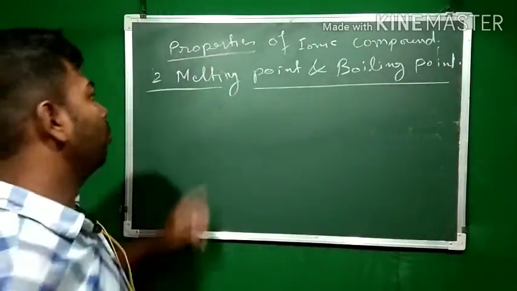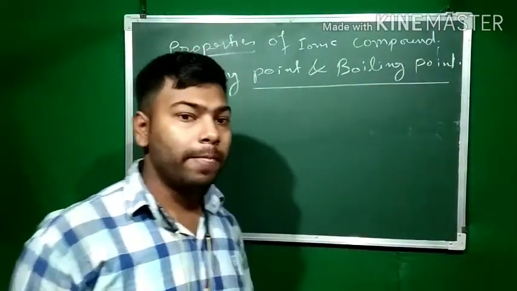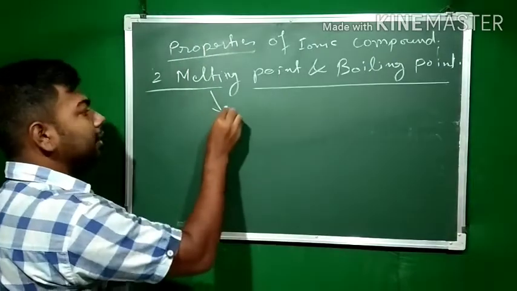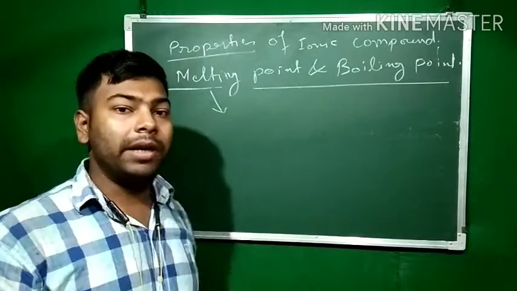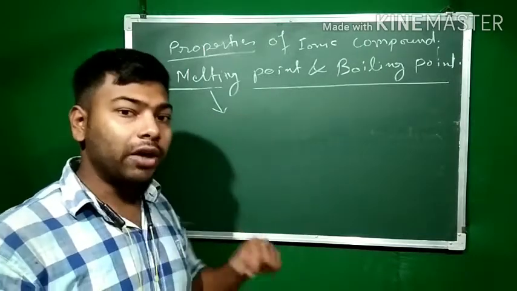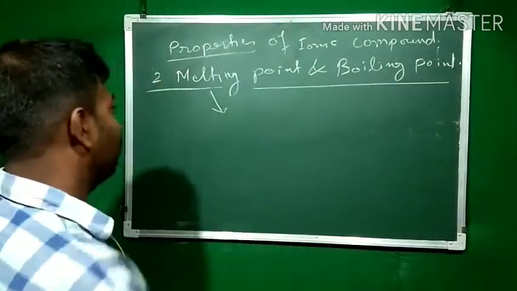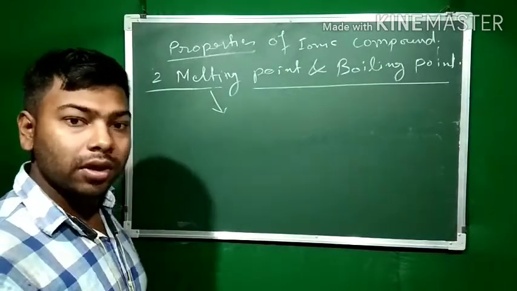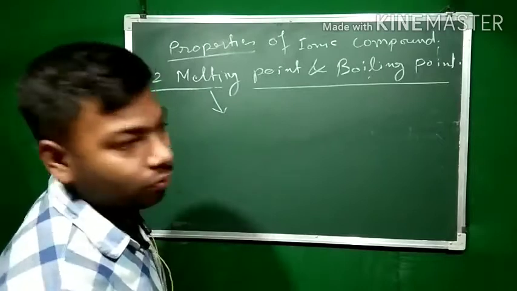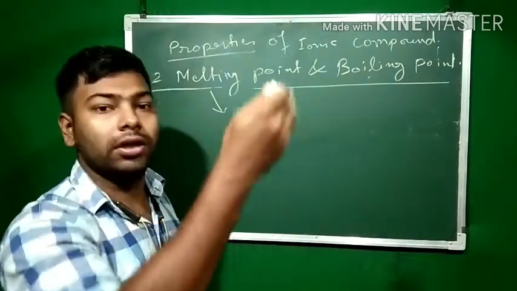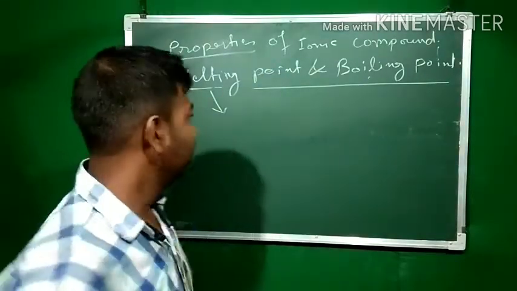Now first of all we have to know what we mean by melting and boiling point. Melting point is the temperature at which the particular compound is melted. Boiling point is the temperature at which the compound is boiled.